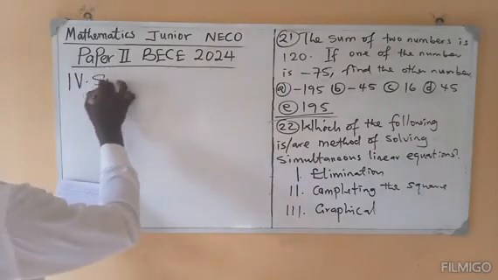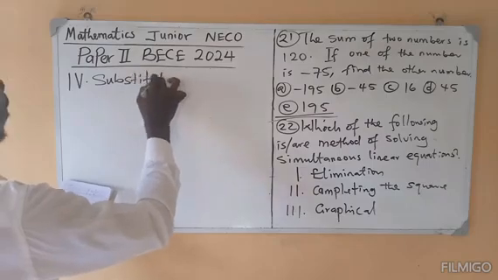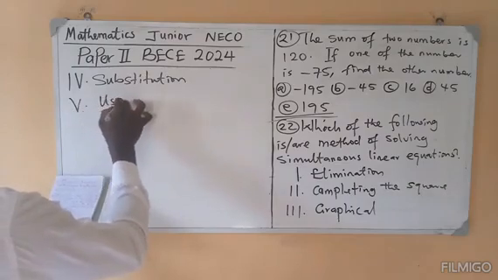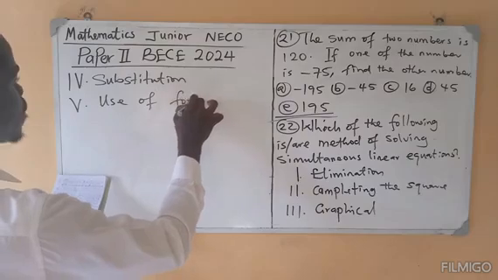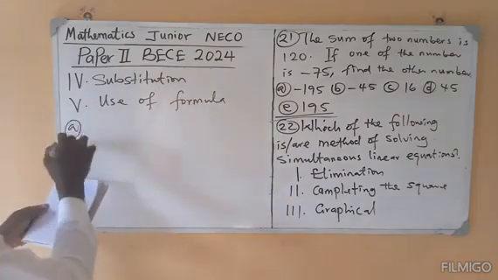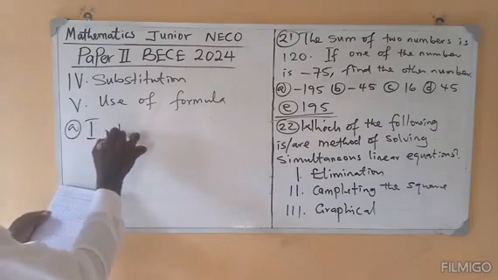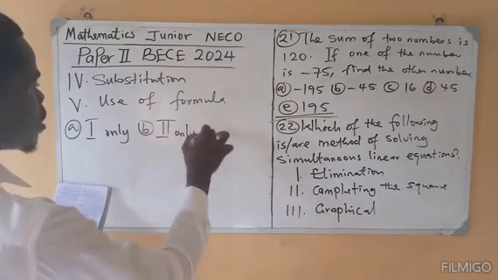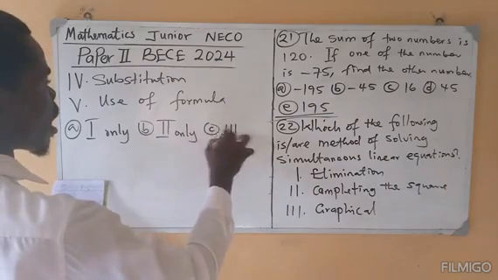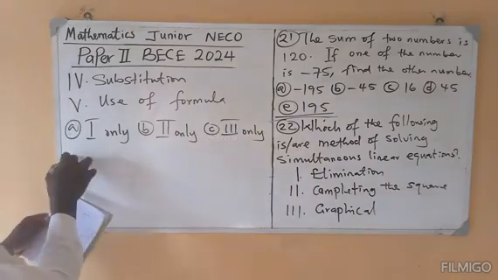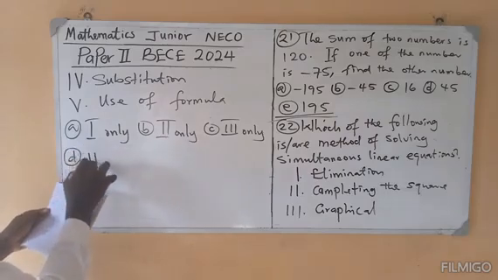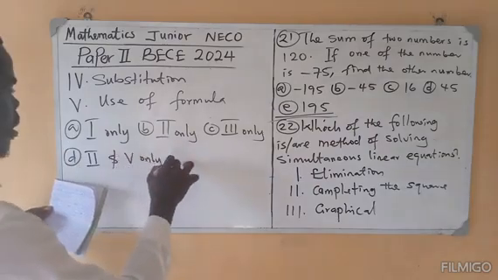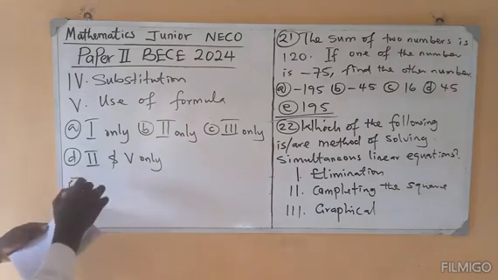We have IV, substitution method, and then V, use of formula. Now the options given: A, I only; B, I only; C, I only; D, I and V only; and option E, I and IV only.